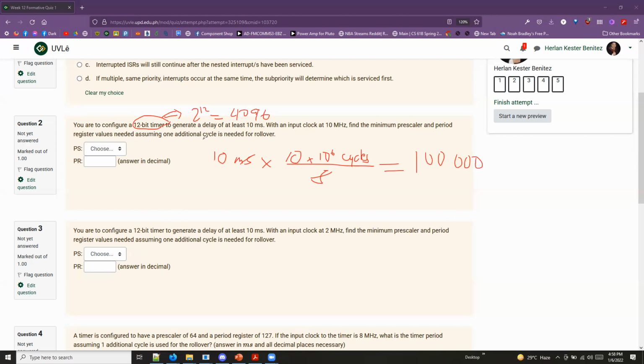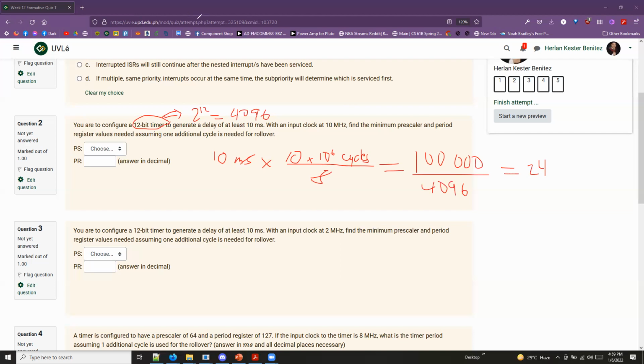So one way to get yung ating prescaler is just divide lang natin ito by 4096. So we get 4096. We get around 24.